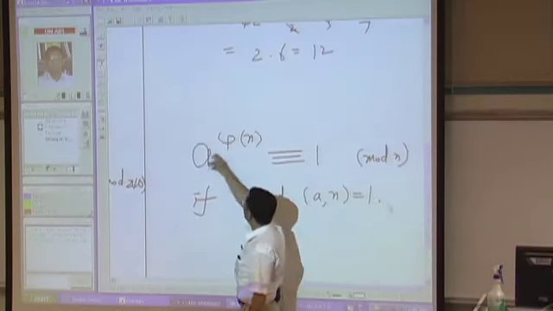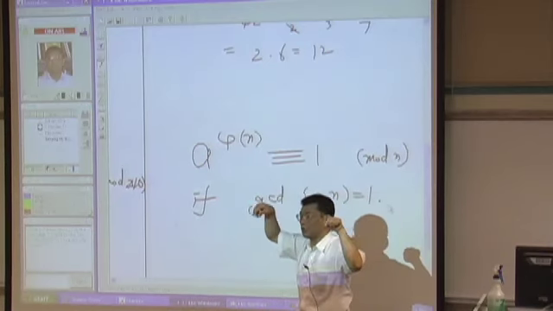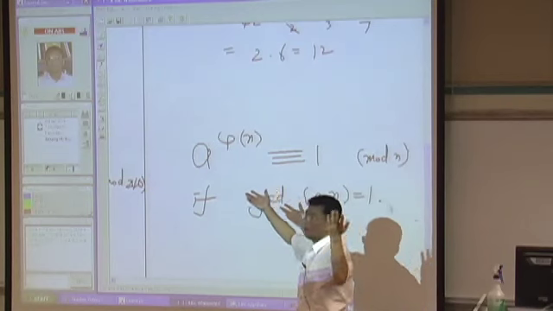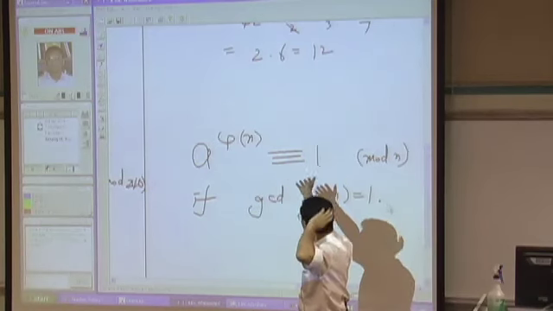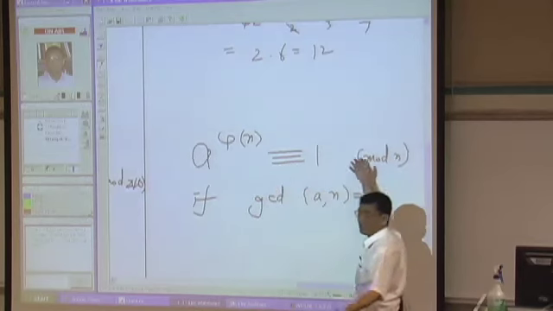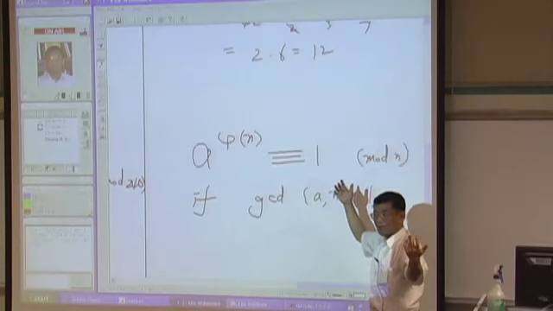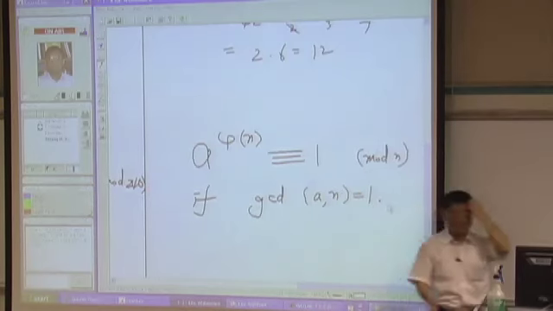Assume that a and n have a common divisor, say like 2. Then an even number to the power of any power cannot be odd, right? Even multiplied and then even mod, then it cannot be odd no matter what. Do you see? So we need this condition.